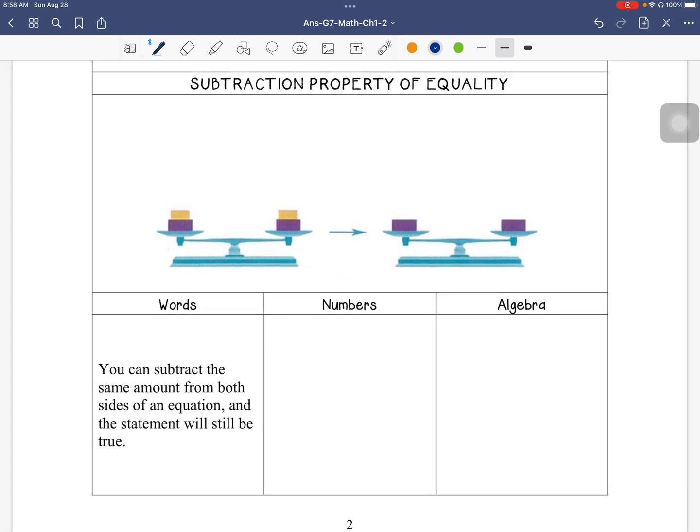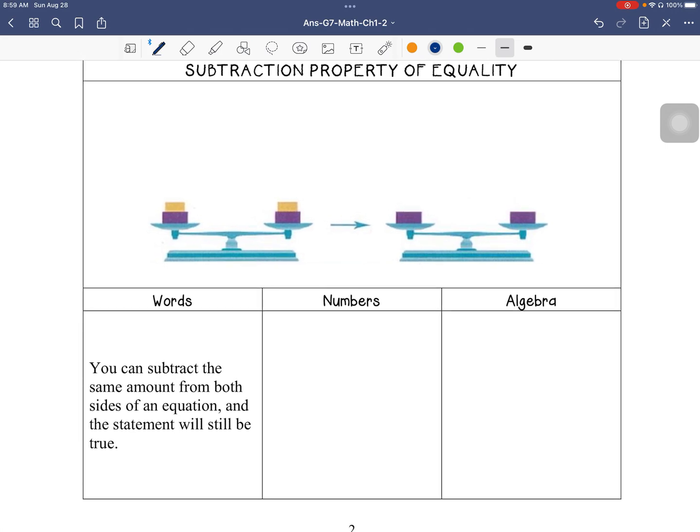Secondly, I want to introduce you to the subtraction property of equality. We can subtract the same amount of weight from both sides of the equation and the statement will still be true. So now I have this weight, and then on the right, I subtract the weight, so it becomes purple and purple. Here, the numbers are 4 plus 7 equals 11.